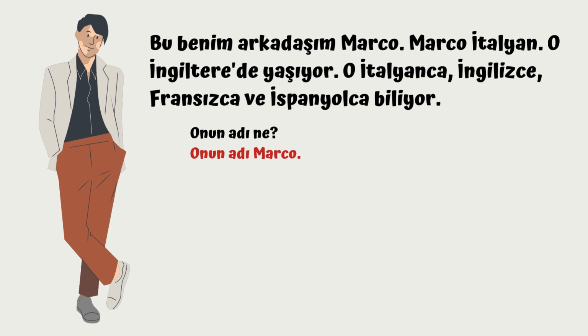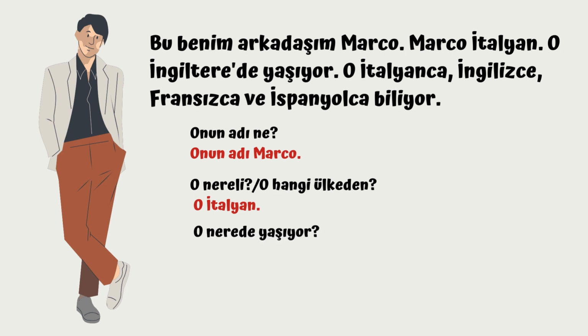Okay, the second question. O nereli? Or I can say the same thing like o hangi ülkeden? So where is he from? Which country is he from? So we are asking about nationality here. And the answer would be o İtalyan. And the third question, o nerede yaşıyor?